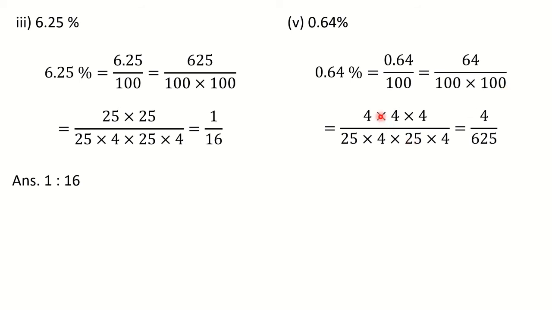So here what you can see, this one 4 will get cancelled with this 4. This second 4 will get cancelled with this second 4. And in the numerator, 1 into 1 into 4, so answer is 4. And in the denominator, 25 into 25, answer is 625. So the answer is 4 is to 625. This way 0.64 we can write as 4 is to 625.